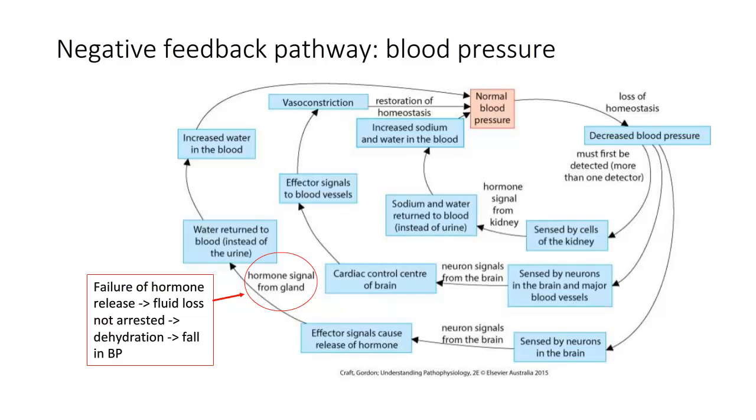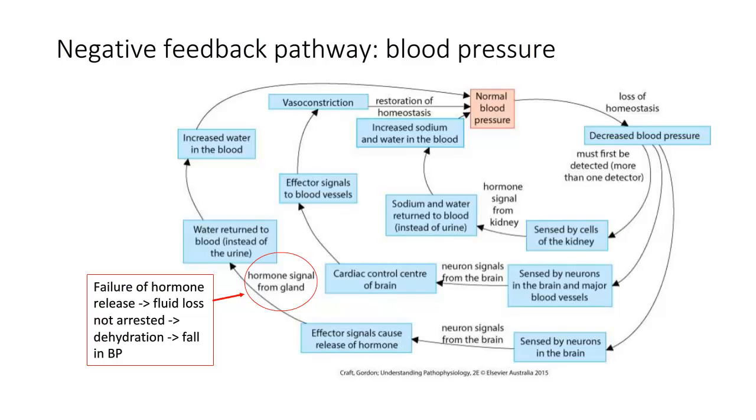Now, the loss of homeostasis on normal blood pressure means the blood pressure will decrease. And there are several mechanisms that will work in concert to try and bring the blood pressure back to normal. Now, the kidneys are really, really keen on maintaining their filtration rate to get rid of toxins. Very important that we clear them out of the body. So the kidneys monitor blood pressure, and if the blood pressure drops, they will release renin in order to cause angiotensin II to be released, and angiotensin II will cause aldosterone release.